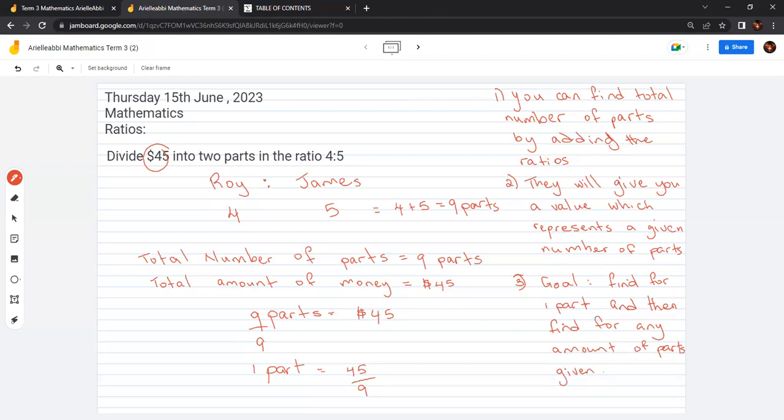That means 1 part is equal to 45 divided by 9. So 1 part is $5.